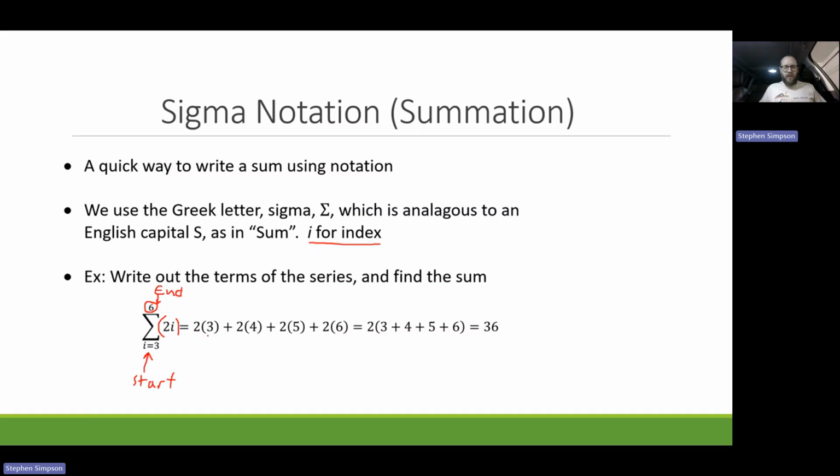Again, every single time we plug in an i value, we use this formula. We just keep changing the number i, starting at the number on the bottom, ending at the number on the top. That's it.